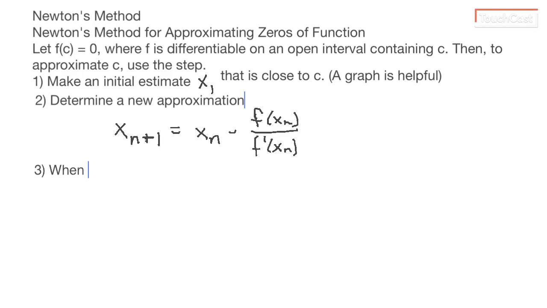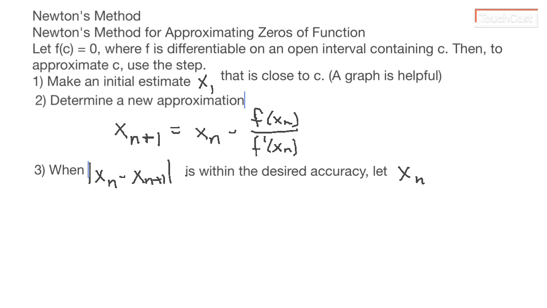When the absolute value of x sub n minus x sub n minus 1, so our previous approximation minus our current one, is within a desired accuracy, then we can let our x sub n plus 1 serve as the final approximation.